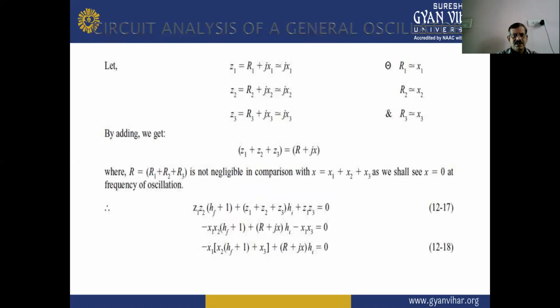Let Z1 equal R1 plus jX1, Z2 equal R2 plus jX2, and Z3 equal jX3. By adding, we get Z1 plus Z2 plus Z3 equal to R plus jX, where R equals R1 plus R2 plus R3 is not negligible in comparison with X equal to X1 plus X2 plus X3. As we shall see, X equals 0 at the frequency of oscillation.